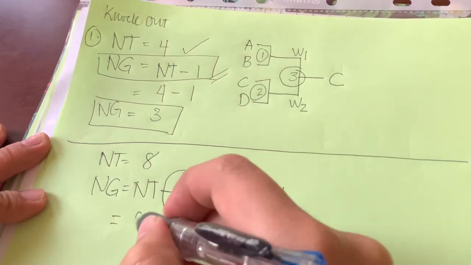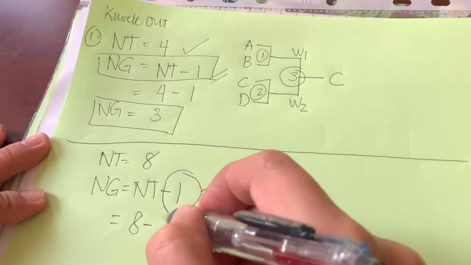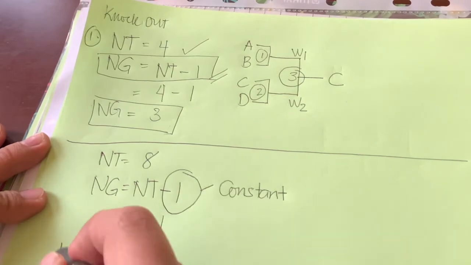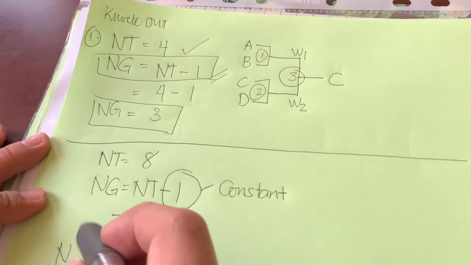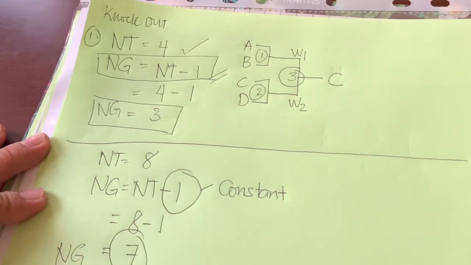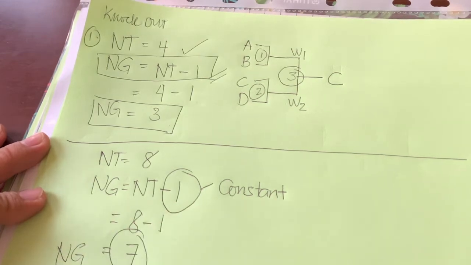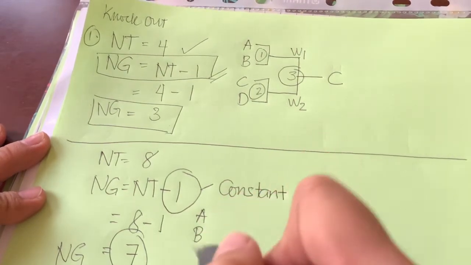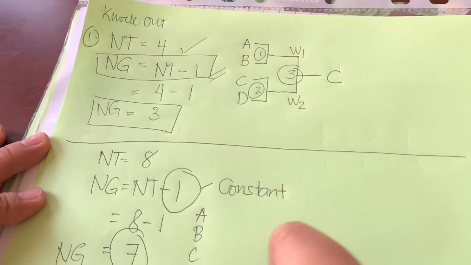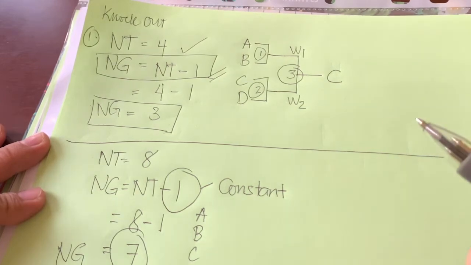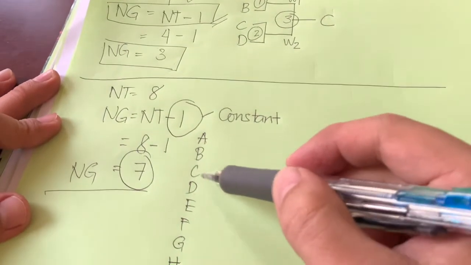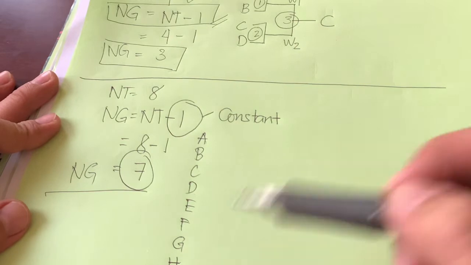So just apply 8 minus 1, it would be 7. Meaning, in 8 teams, we will be having 7 games. Let's find out. Team A, B, C, D, E, F, G, H. All right, 1, 2, 3, 4, 5, 6, 7, and 8.